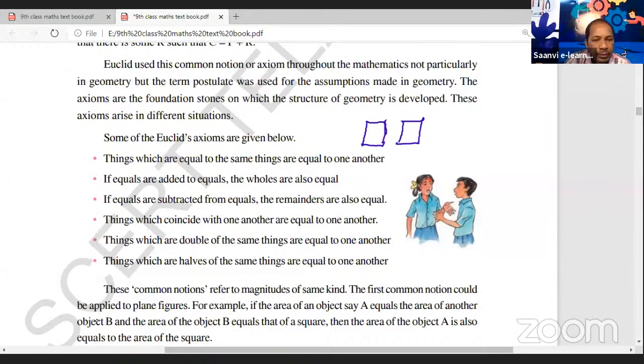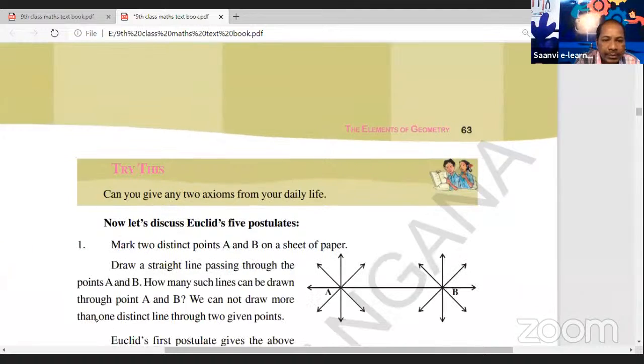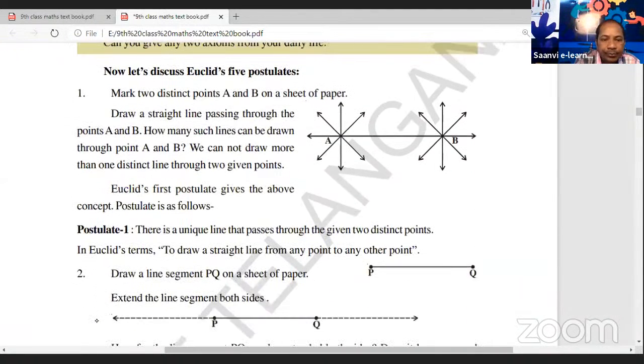And, if equals are added to equals, the wholes are also equal. So some axioms are given by Euclid, and mainly we have to discuss the postulates.